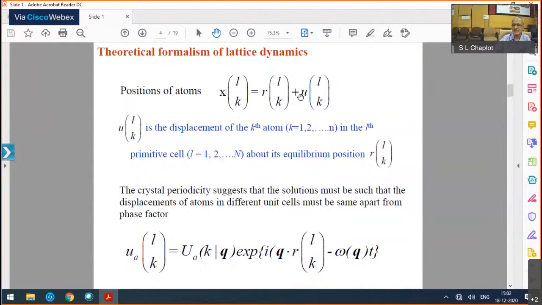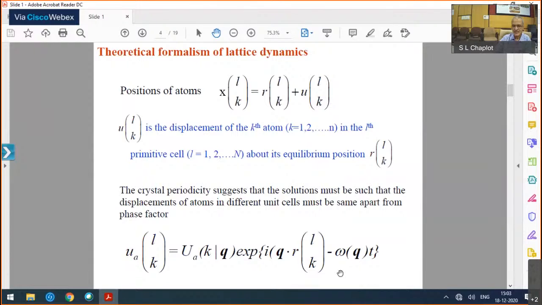And the vibrational amplitude, which is a time-dependent number, is this, and this is the actual position. Okay. So for a wave-like solution, we express the displacement during the vibrations in a given direction alpha as an amplitude and a phase factor.